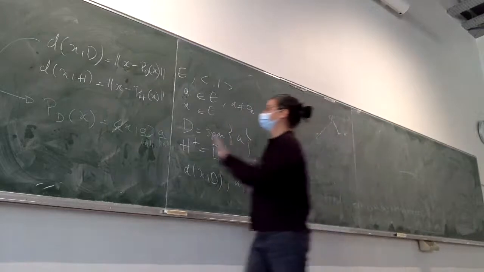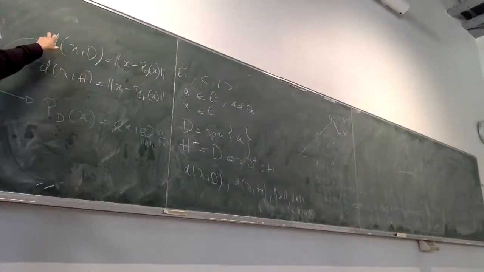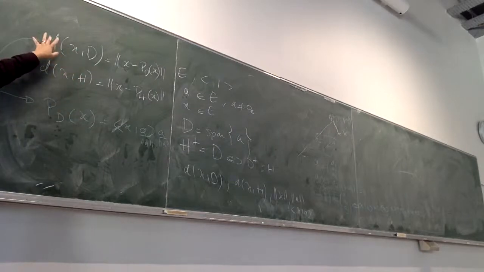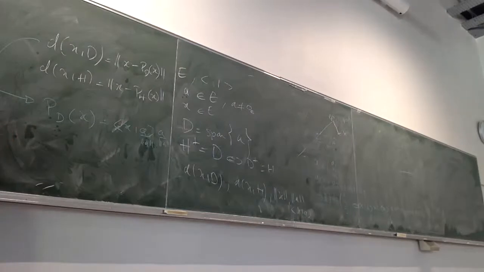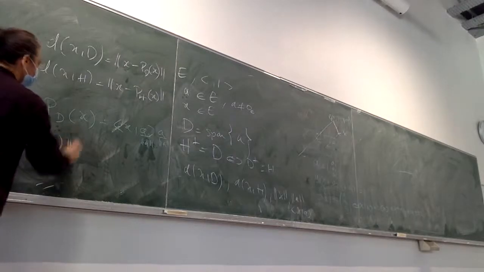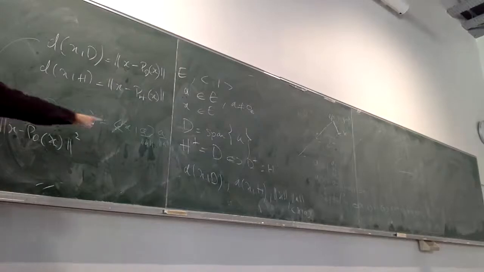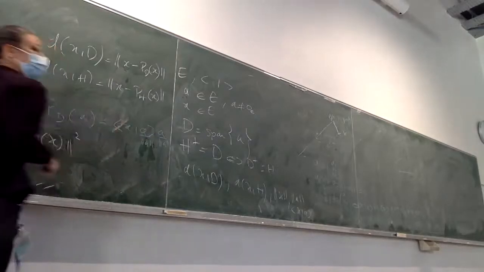So that's the projection on D of x. Okay, so let's compute that. We just need to expand x minus PD of x. Let's make it a square because it's easier to work with squares, knowing that this is given by that.